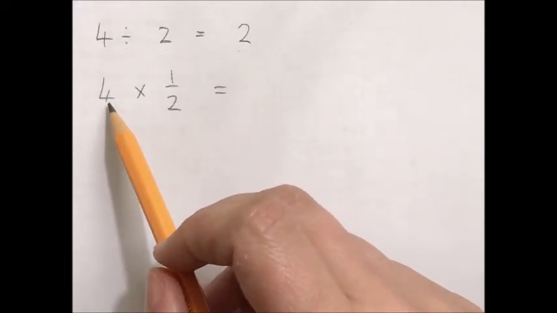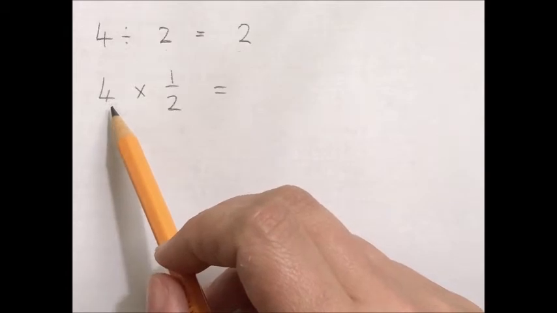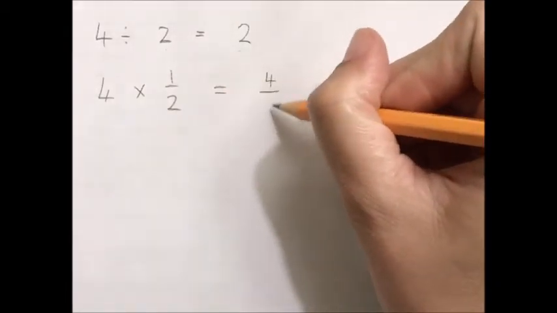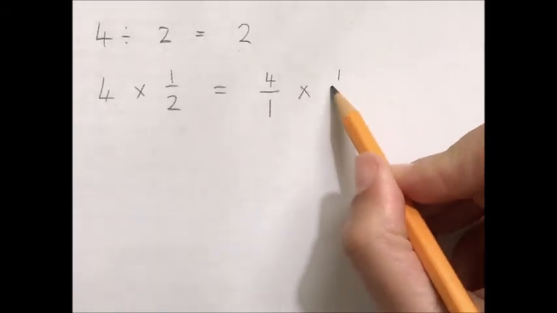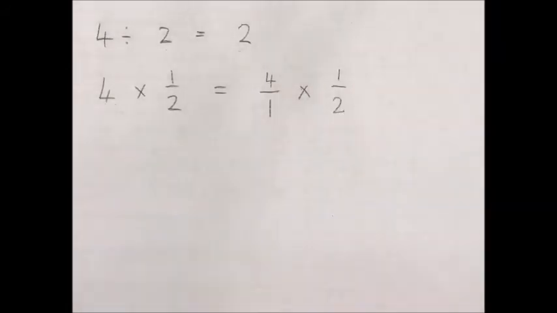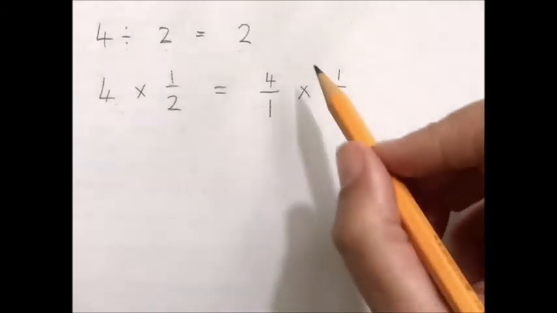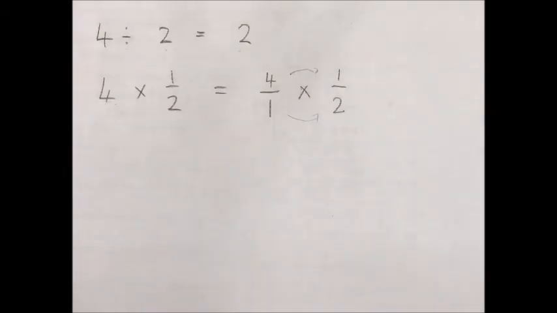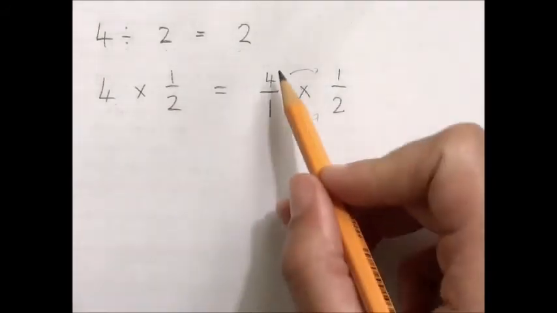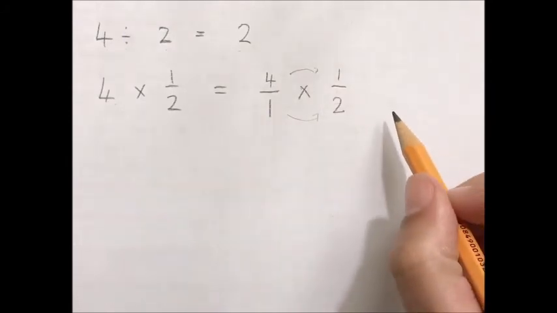So if I want to make this whole number a fraction, I simply put it on 1. So 4 on 1 times a half. And remember, if I multiply fractions, I multiply the numerator with the numerator and the denominator with the denominator. So top with top and bottom with bottom.